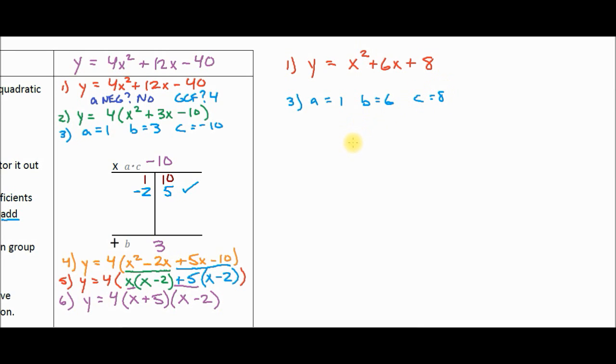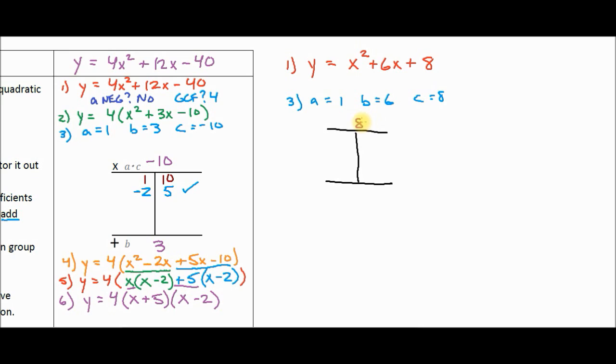Okay, step number 4 was to find two numbers that when multiplied together give us A times C, and when added together give us B. So we're going to go ahead and draw this eye-shaped thing. And on the top, we're going to write A times C. So A times C, 1 times 8 is 8.